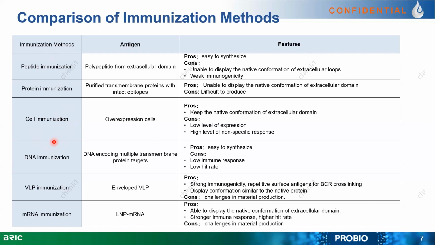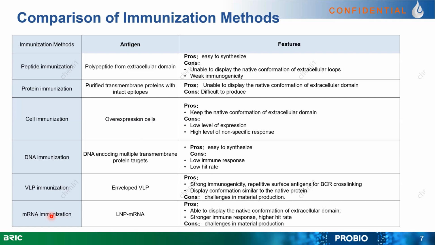Unlike all of these approaches, the VLP and the mRNA are able to induce a much stronger and much more specific immune response, leading to better hit rates during the early screening stage. In the next couple of slides, we will have a detailed discussion about these two approaches, the VLP and the mRNA.